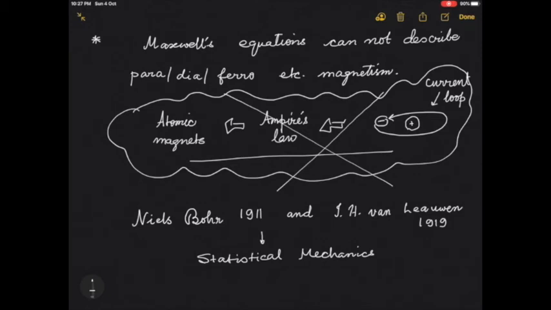But even if I think for a moment that it works, and one of these gives rise to one of the atomic magnets, then what happens is that in your bulk, in the material in which you are trying to figure out what is the paramagnetism, say, there are many such atomic magnets which are completely randomly oriented, and when you calculate the average value of the magnetization, you will always find 0. And that's what Niels Bohr and Van Leeuwen showed. So classical electrodynamics, Maxwell's equations cannot explain para, dia, or ferromagnetism. So that should be very clear in your mind.